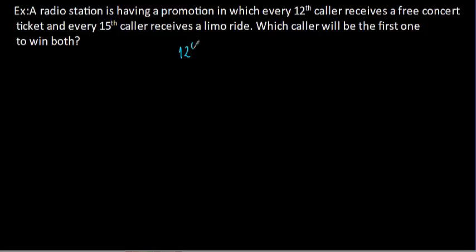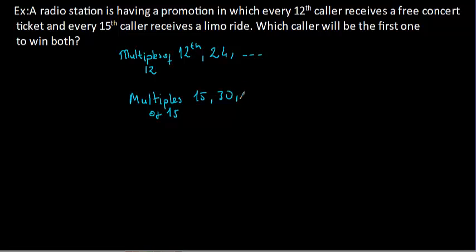If the 12th caller gets the first ticket, the next free concert ticket will be given to the 24th caller, and these numbers are multiples of 12. The second group is multiples of 15, because the 15th caller, then the 30th caller, then it's going to continue like this.